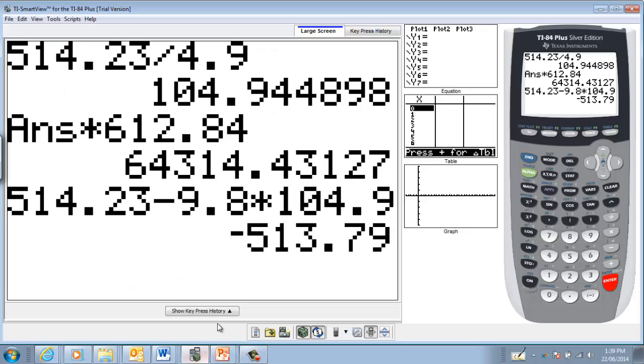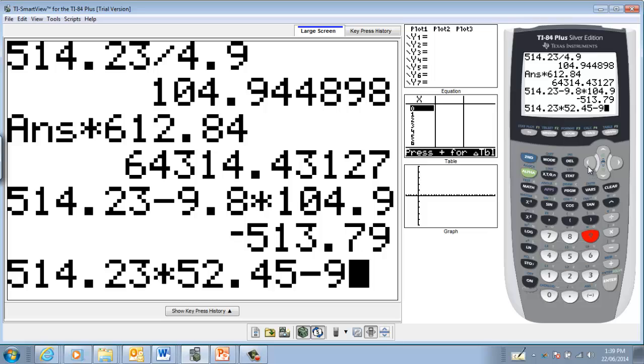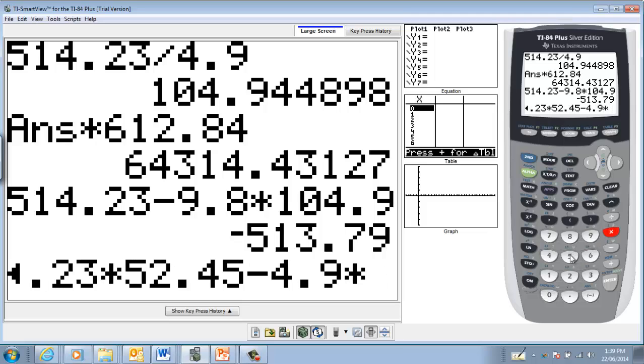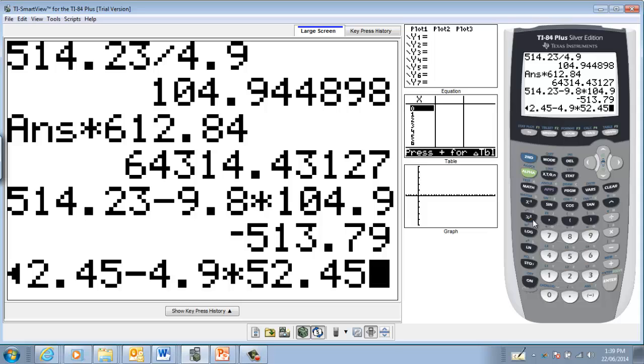So let's go to our calculator and do that. So we've got 514.23 times by 52.45, take away 4.9 times by 52.45, and we have to square that, don't we?